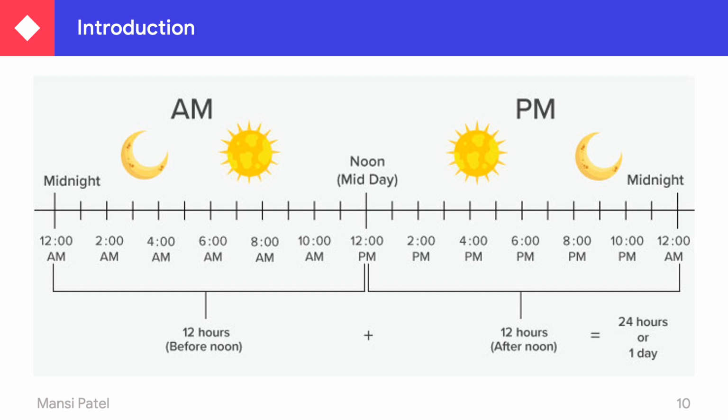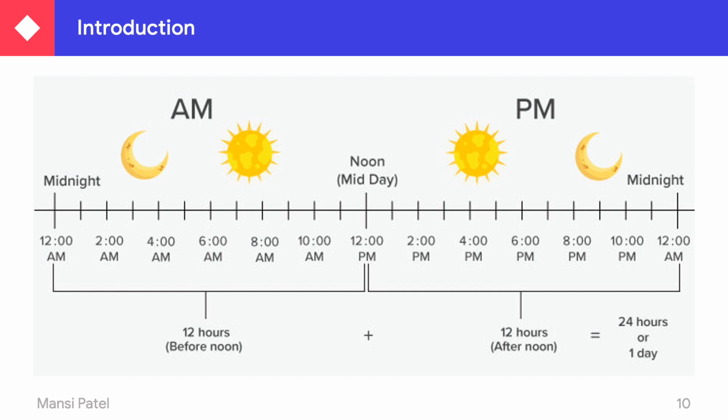After that in the night 2 a.m., 4 a.m., 6 a.m., 8 a.m., 10 a.m., till midday, till noon we are using AM. So we can say before noon, before 12 o'clock. The duration between 12 midnight and 12 noon is 12 hours.